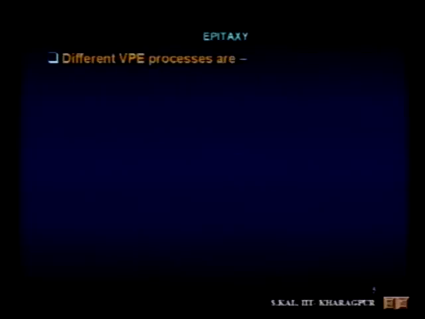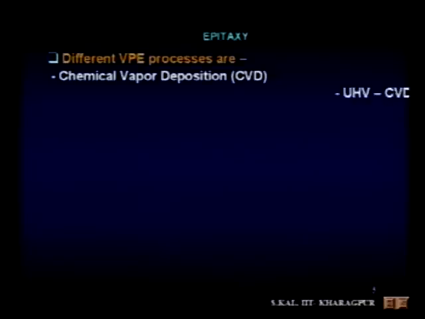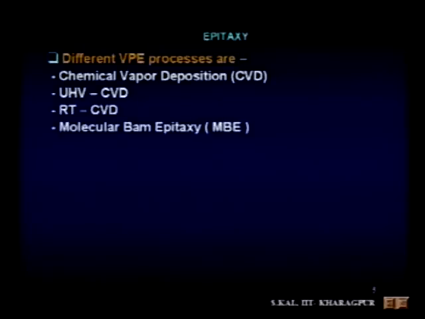Now, there are different VPE processes, namely chemical vapor deposition CVD, ultra high vacuum chemical vapor deposition, which is known as UHV CVD, rapid thermal chemical vapor deposition known as RT CVD, molecular beam epitaxy MBE, here the spelling is wrong, it should be molecular beam epitaxy, and the molecular beam epitaxy may be gas phase, metal organic MBE.